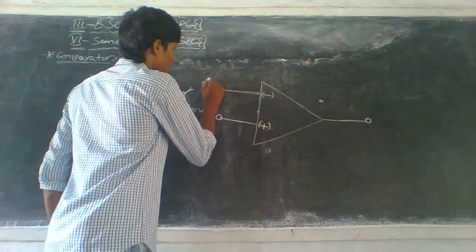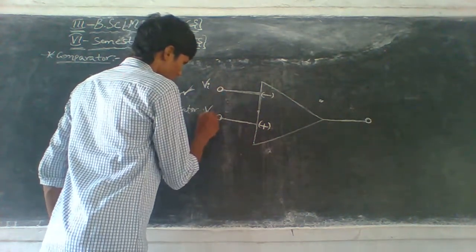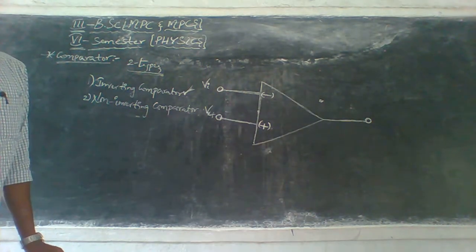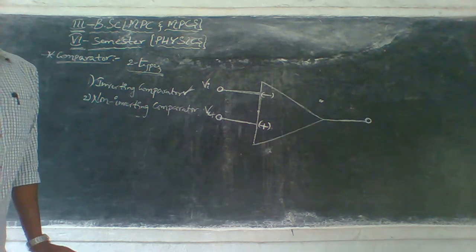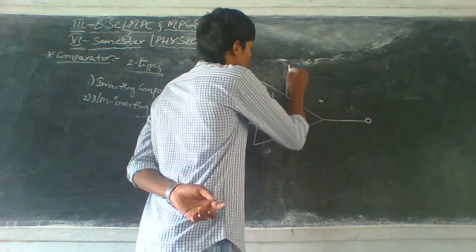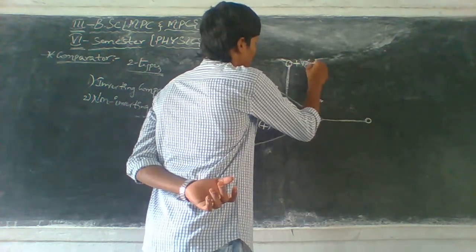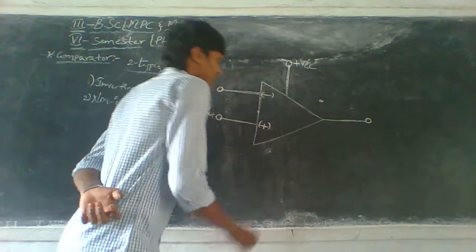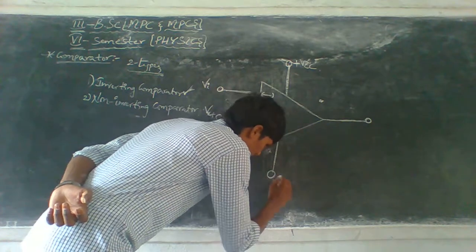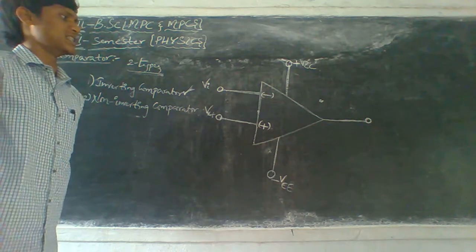This is simply denoted as Vi, and this is the reference. It has two supplies: the first is the positive supply, denoted as plus VCC, and the other is the negative supply, denoted as minus VEE.